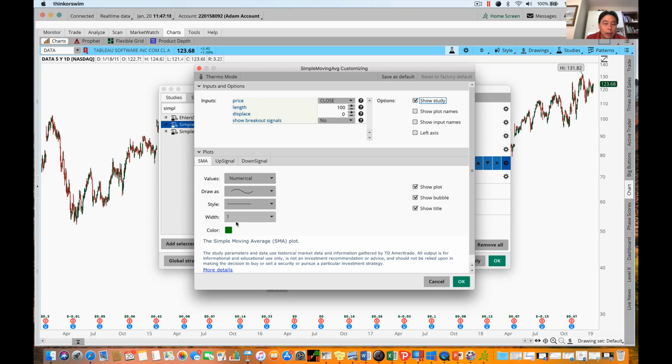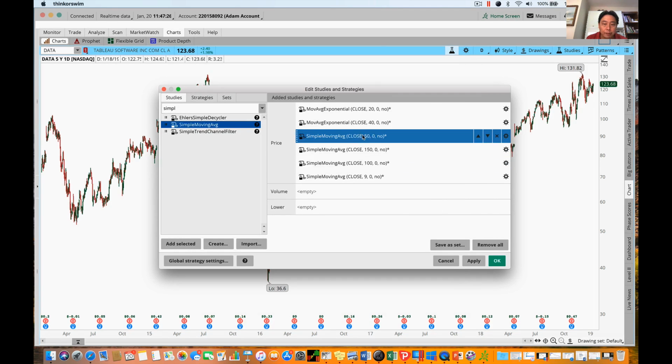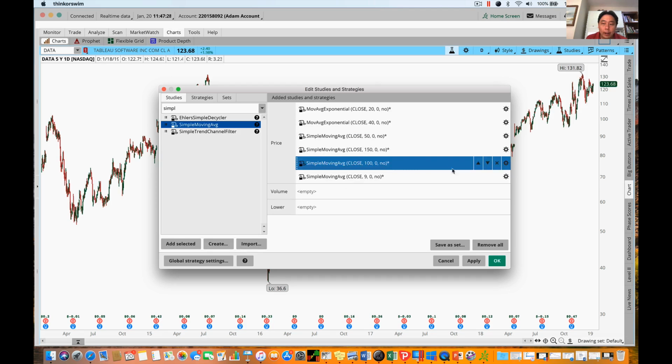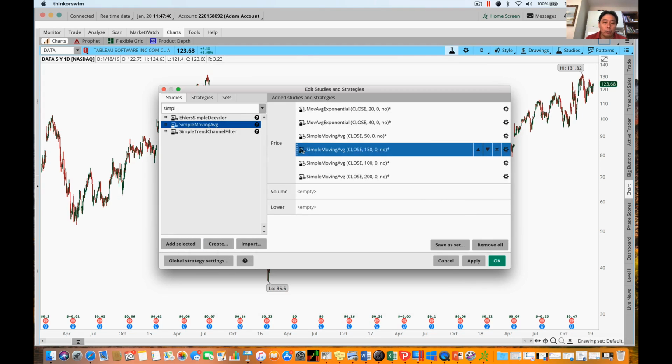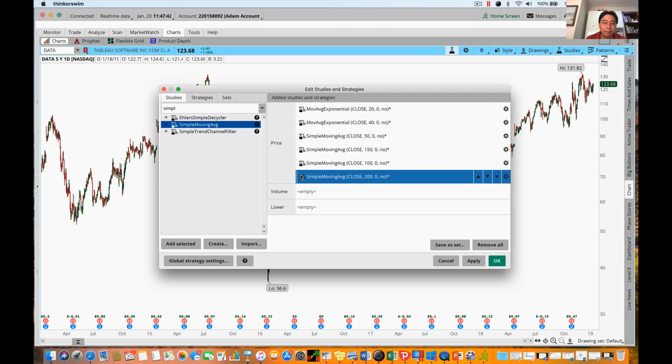So let's put 100. 100, we can use orange. 2. All right, so we've got a 50, 150, 100, and finally the 200 simple moving average. Put red and 2. Okay, great. So we've got all your moving averages all there.